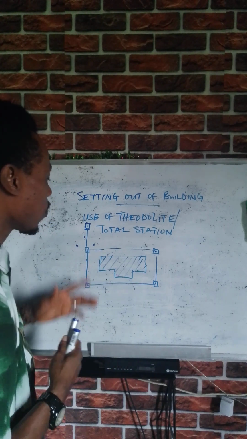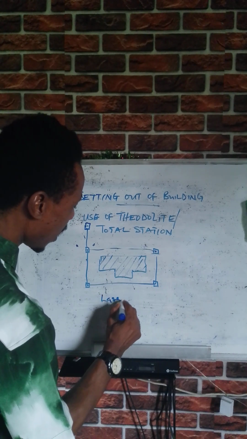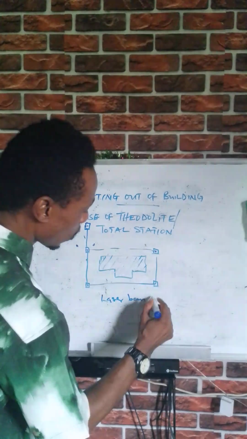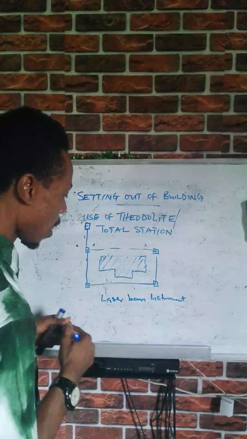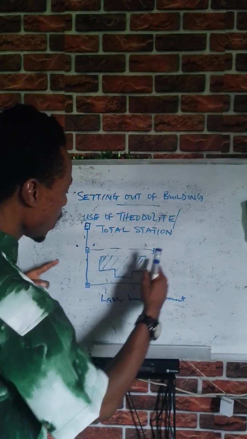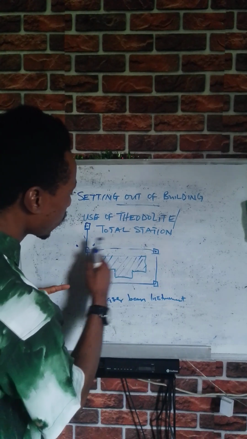In some cases we can also use a laser beam instrument. A laser beam instrument is also a surveying instrument that enables you to run a beam of light at 90 degrees to establish these four points.